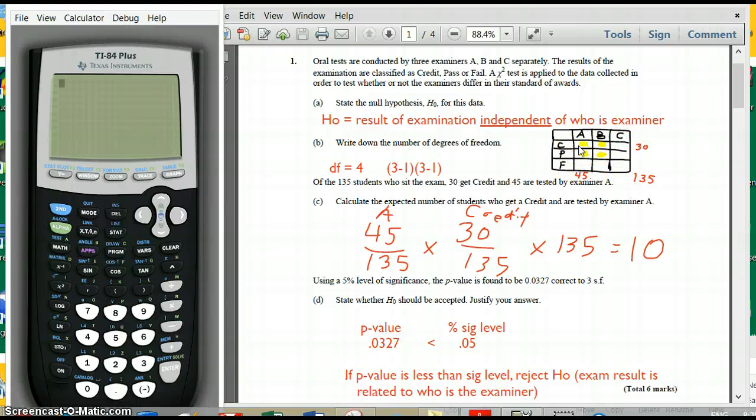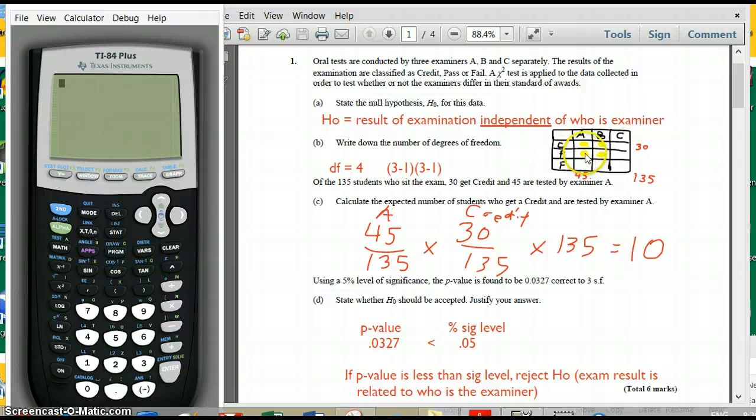And remember that whenever you want to figure out the degrees of freedom, what you're doing is you're figuring out how many of these cells can actually be chosen by you and how many of them are going to be calculated. And remember that if you have a 3x3 table, then you can pick the 2x2 table.